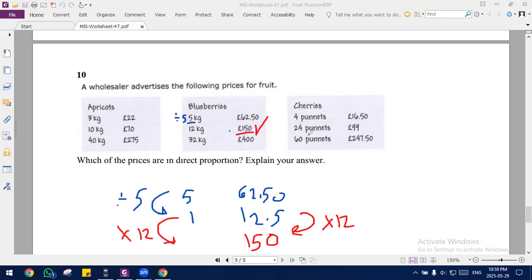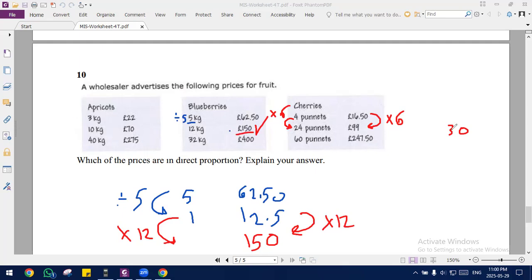Now, this one, 4. Can I multiply it by something to make it 24? Yes, times 6. So now you multiply this one by 6 to check, is it correct? 0 by 6, 0. 6 by 5, 30.